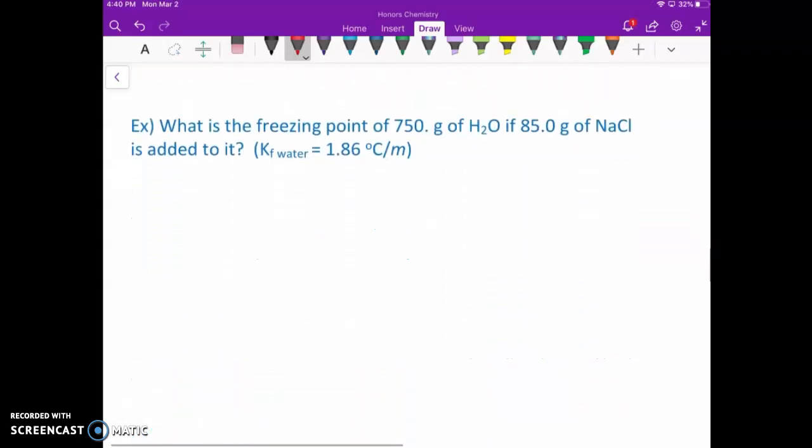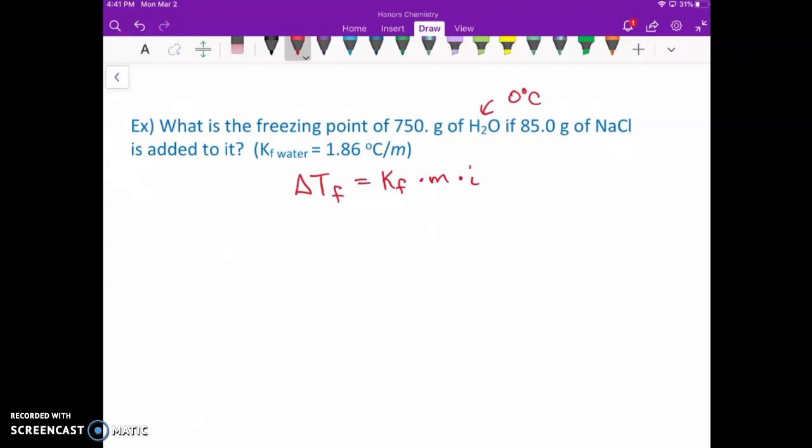It says, what is the freezing point of 750 grams of water if 85 grams of NaCl is added to it? Essentially, we want to know the change in freezing point, because we already know the original freezing point of water is 0 degrees Celsius. If we can figure out how much it's changing, we can just subtract that number from 0. So we have K_f times m times i.